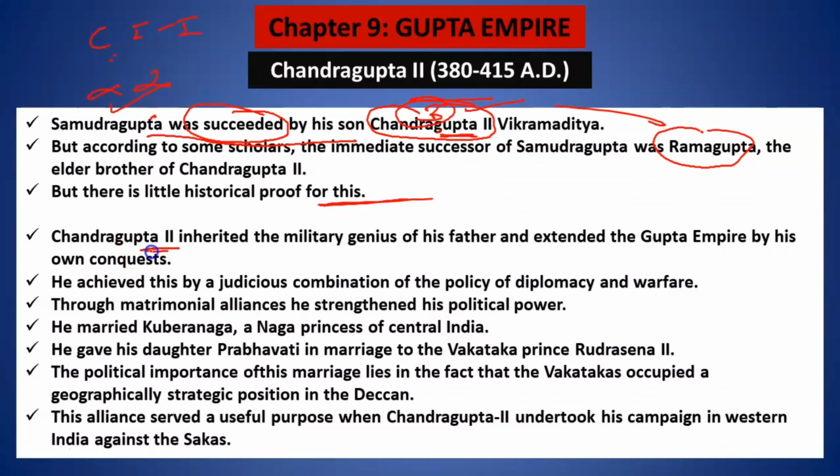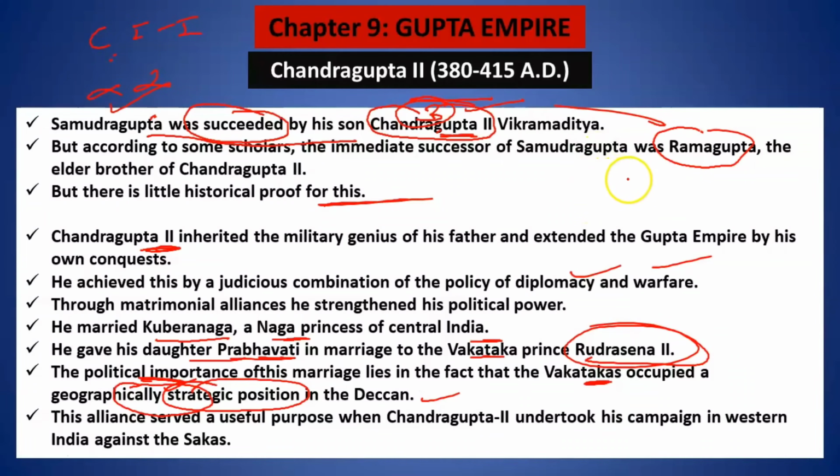Now, Chandragupta II also was a great ruler. He had done a lot of work in terms of diplomacy and warfare. He married Kuber Naga, who was a Naga princess. And one more important thing was, he gave his own daughter Prabhavati in marriage to the Vakataka prince Rudrasena II. Why he did this was because it was important from the geographical and strategic point of view, because the Vakatakas occupied a strategic position in the south.